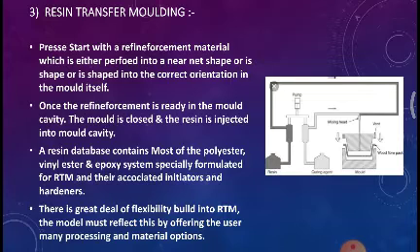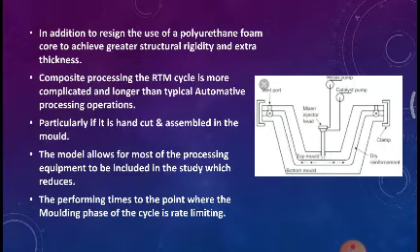associated initiators and hardeners. There is a great deal of flexibility built into RTM. The model must reflect this by offering the user many processing and material options. In addition to resin, polyurethane foam cores are used to achieve greater structural rigidity and extra thickness.